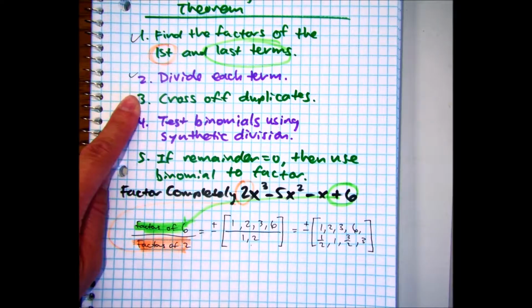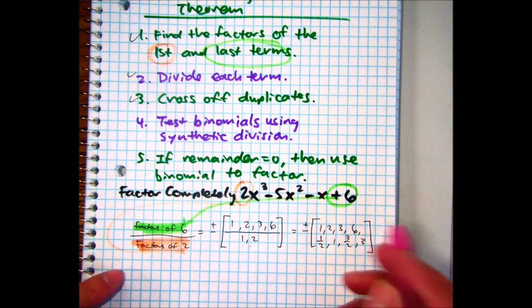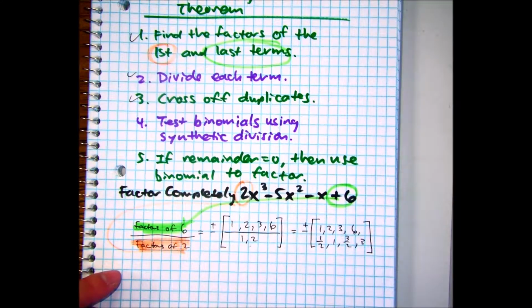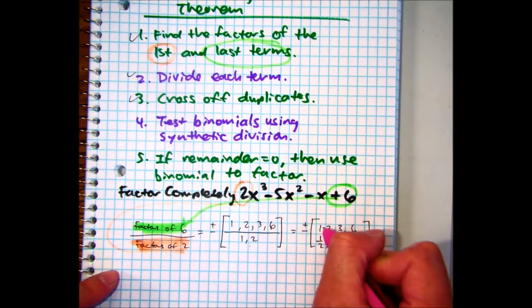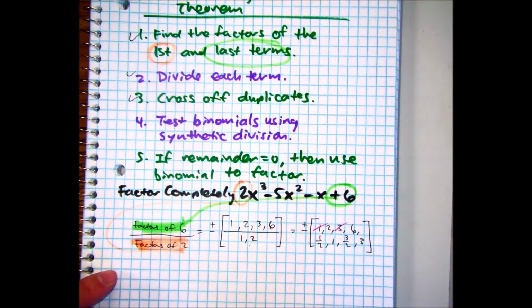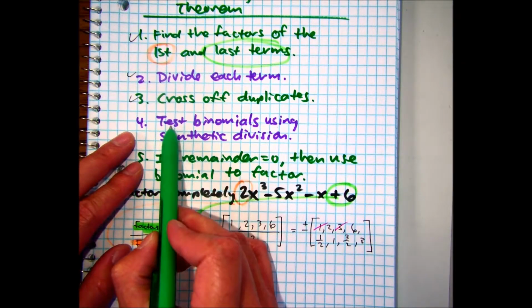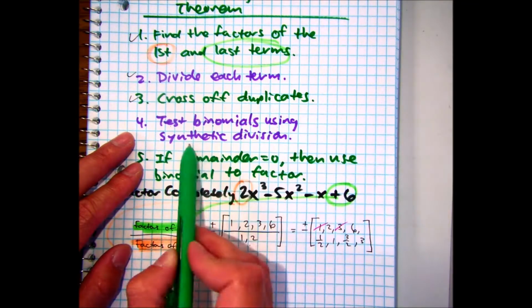Okay, number 3. Now we need to cross off duplicates. So I need to look at my list, and I'm saying to myself, any numbers repeat here? The 1, so I'm going to cross off only one number, and I see the 3's. Okay? So here is the fun of the rational roots theorem. I now need to test the binomials using synthetic division.